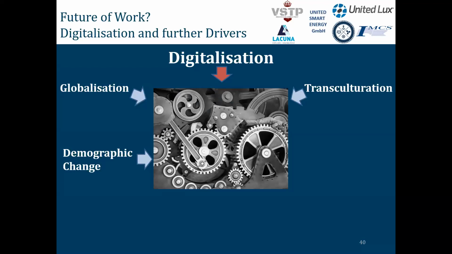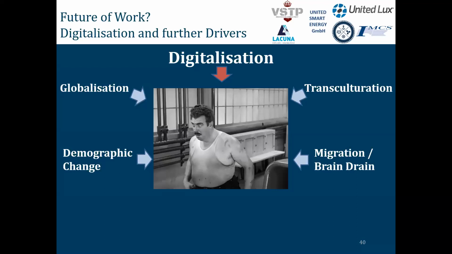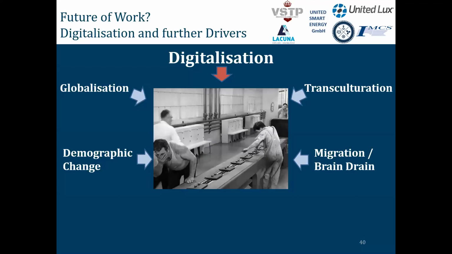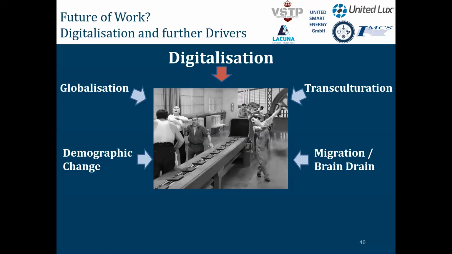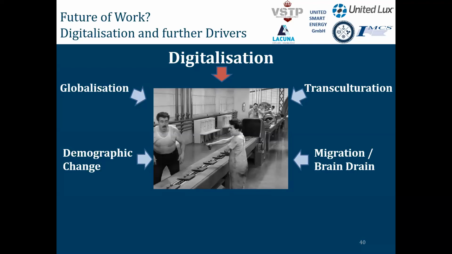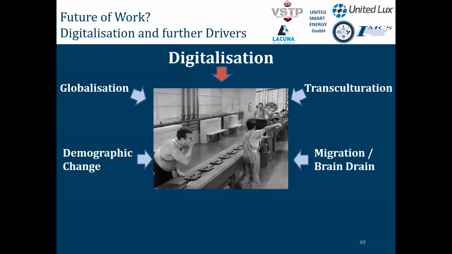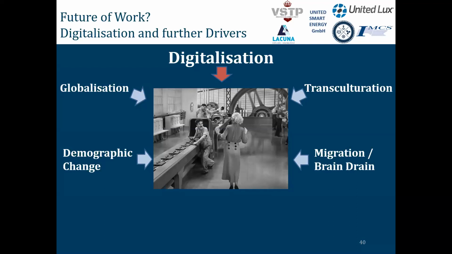Then there is migration, the brain gain and the brain drain. In Eastern Europe, for example, many people leave, and also from Europe. For Italy, it is not good. Italy faces a lot of problems in its production if the young generation goes to Germany.